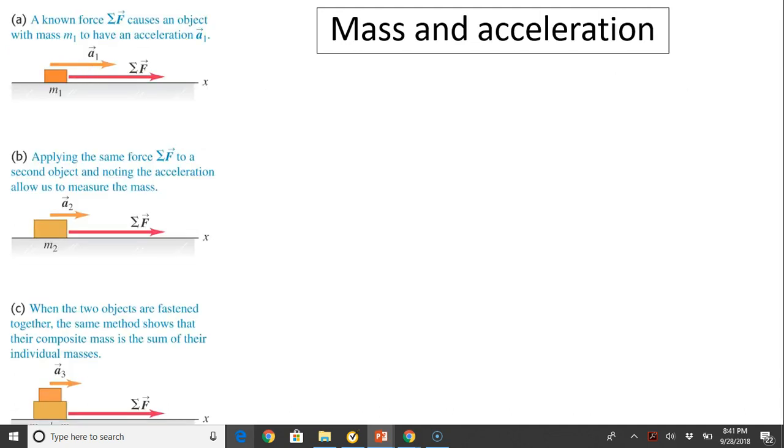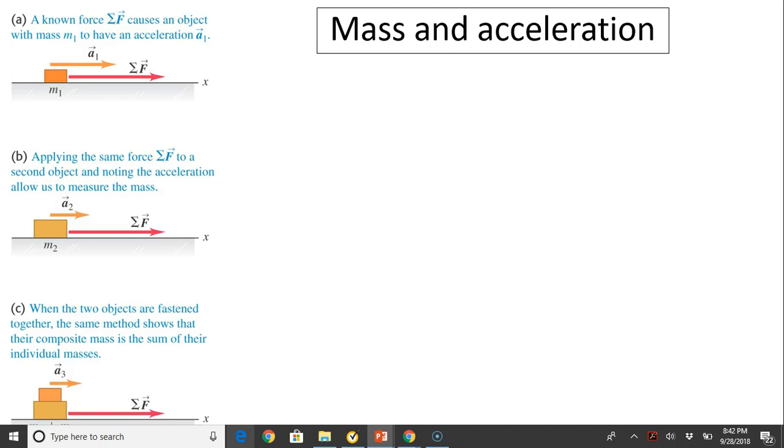Next, let's take a look at the relationship between mass and acceleration. First, let's look at a graph, A and B. A known force, sum of F, causes an object with mass m1 to have acceleration a1.